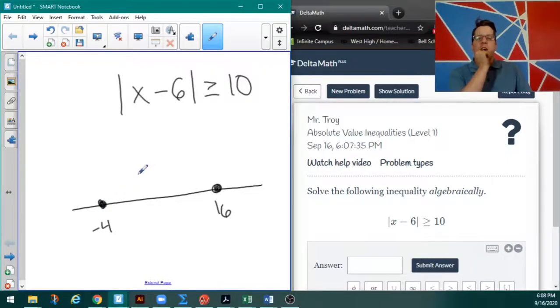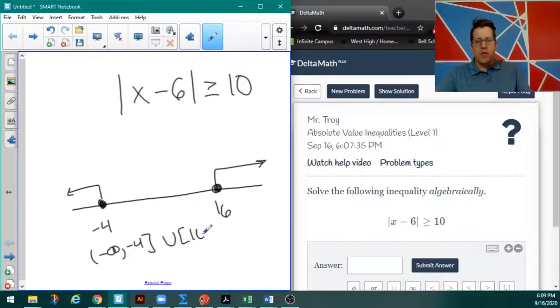And then I believe, since I want things that get larger than that, I want answers that are more extreme. So things like this. So that's what I think my answer is going to be. That'll be negative infinity to negative 4, because I'm assuming they want interval notation, joined with 16 to infinity.